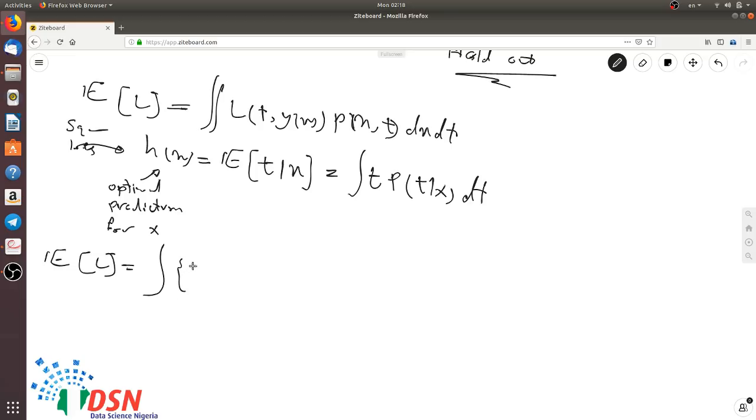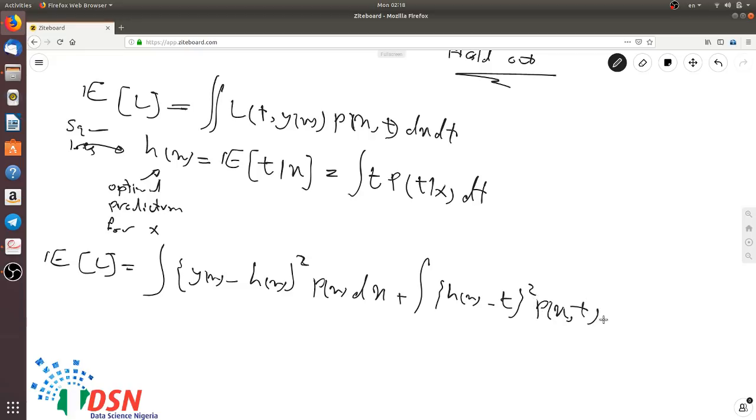When we have a squared loss, it is the integration of y of x minus h of x, squared, plus the integration of h of x minus t, squared, times the joint probability, dx dt.